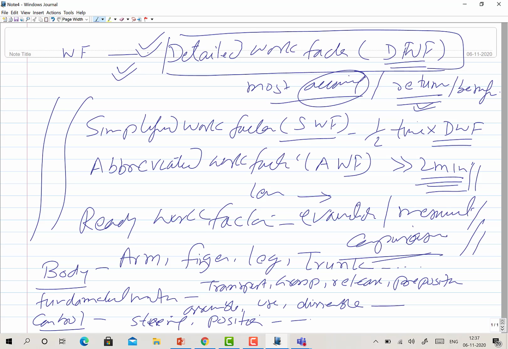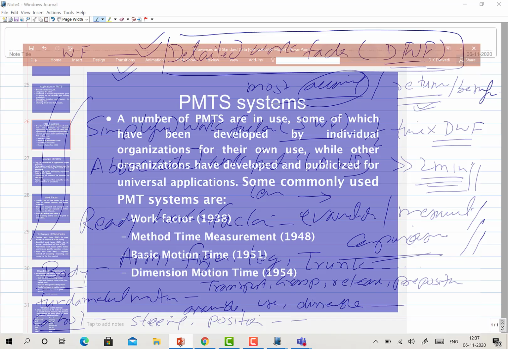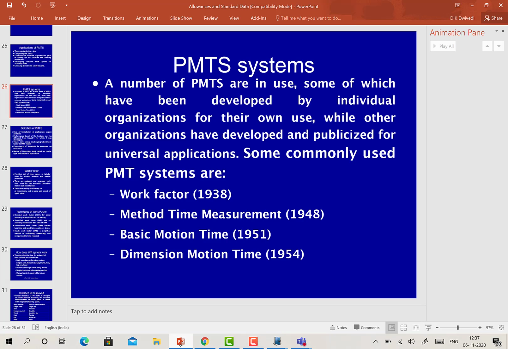And the weight, how much weight is to be handled during the manual activities. Any job is analyzed considering these aspects. Now I will quickly go through the PPT, which will be showing the details as well as the examples.